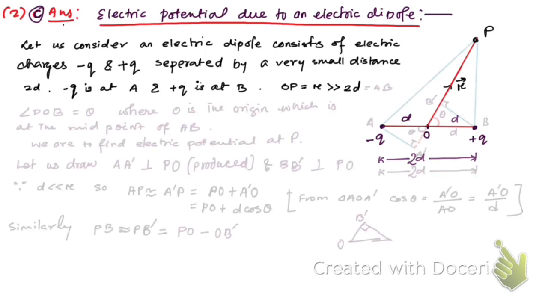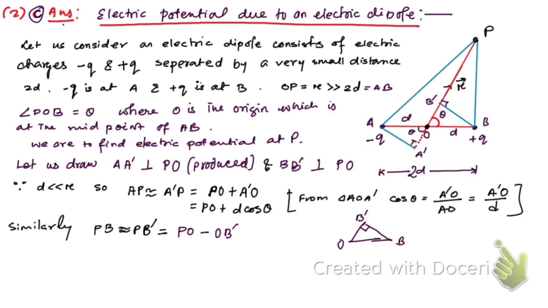Now you see, as we have drawn BB dash perpendicular to this side, we have mentioned these two are perpendiculars. Here this angle is theta.